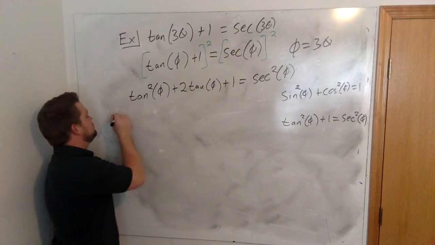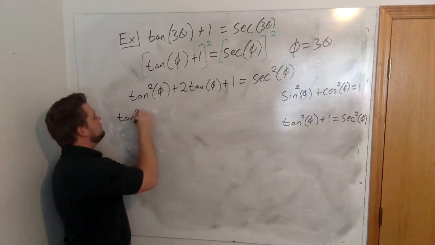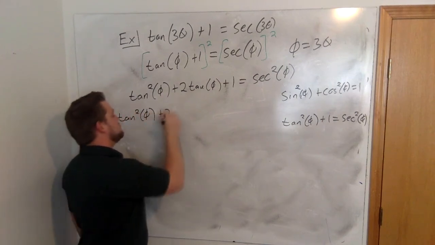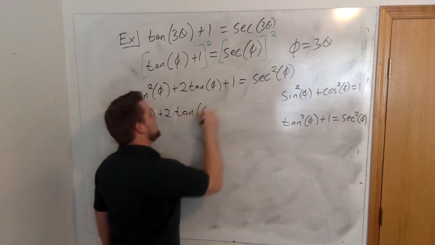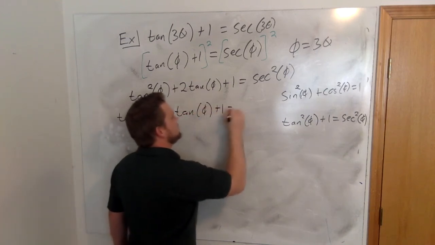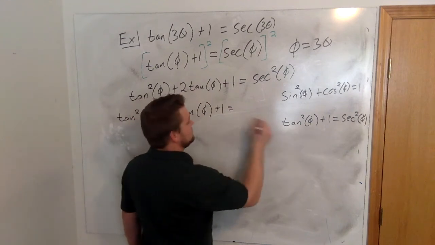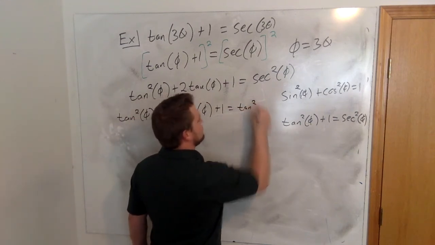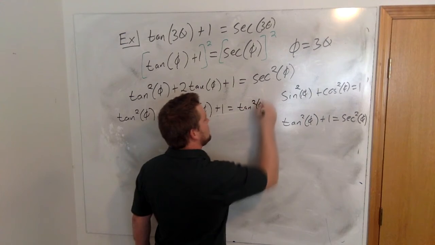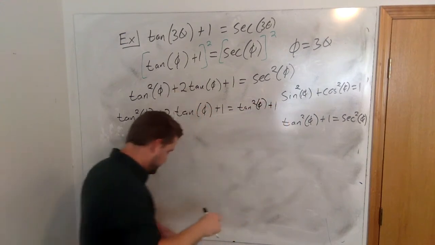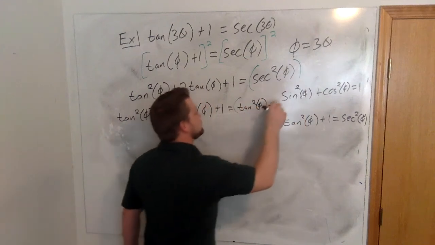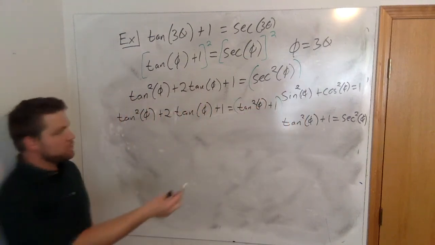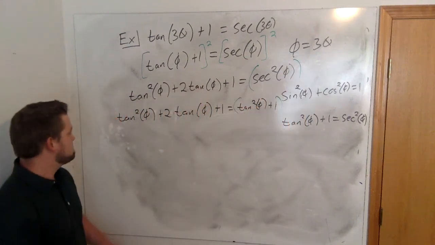Let's say that tangent squared of phi plus 2 tan of phi plus 1 will be equal to tan squared of phi plus 1. Maybe I'll put parentheses here just to show this is where I made the substitution, but really these parentheses aren't doing anything for us.